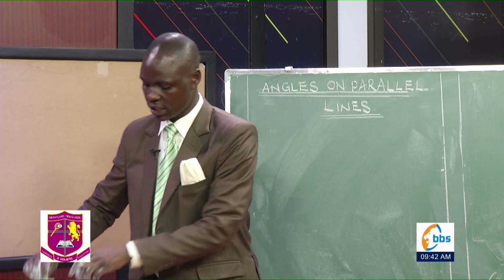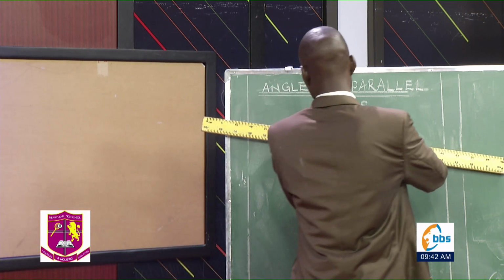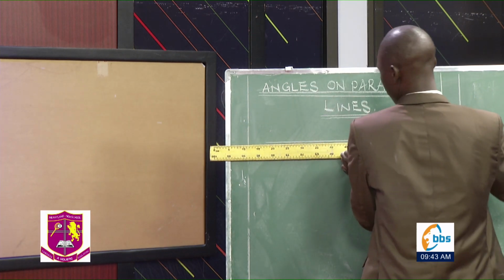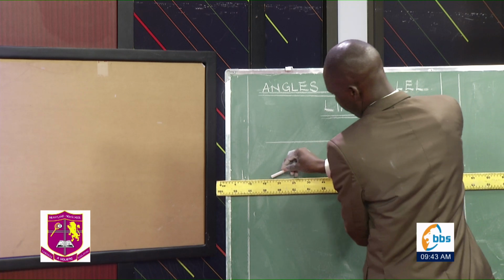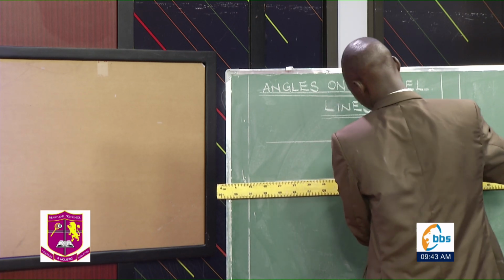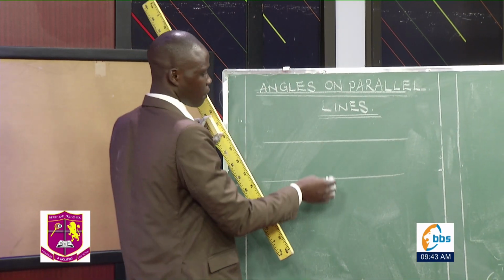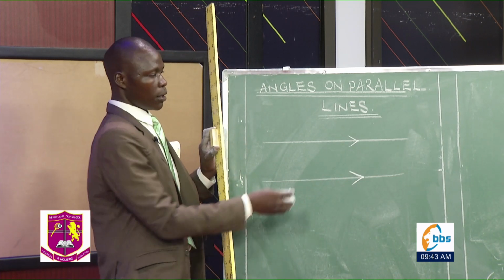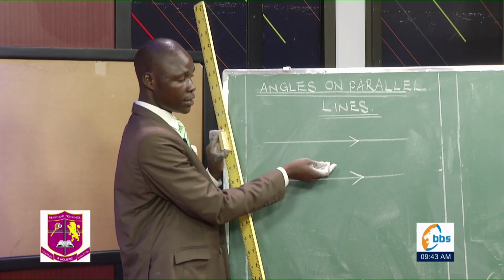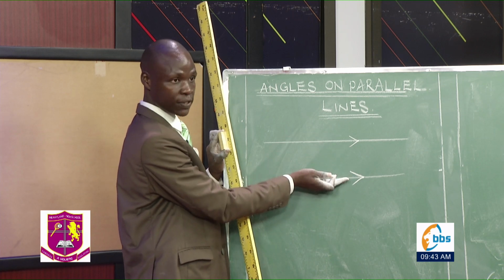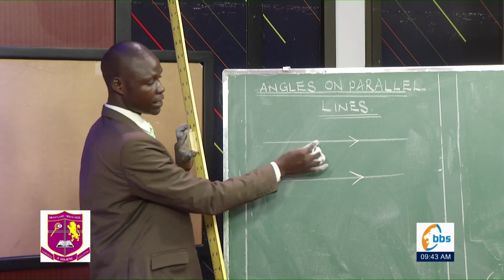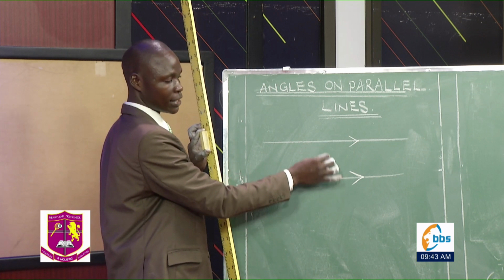For instance, these are parallel lines. This line is parallel to this. They are extending in the same direction, but with equal distances apart.